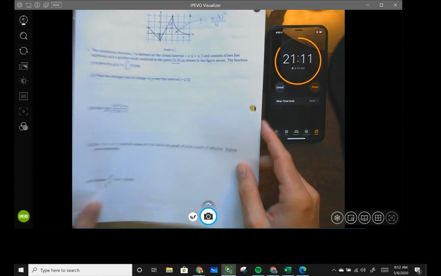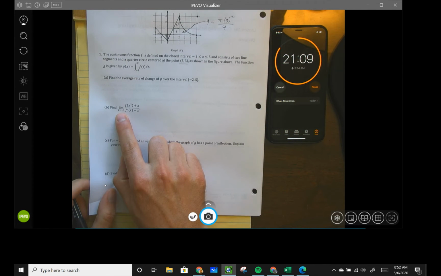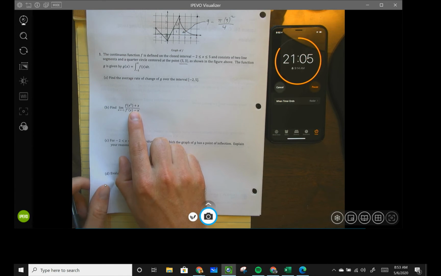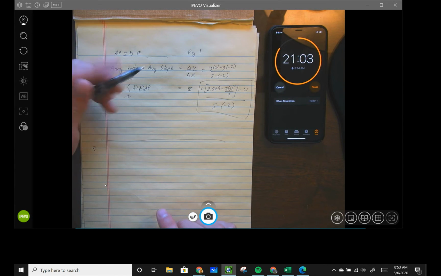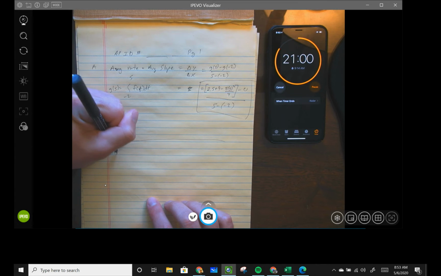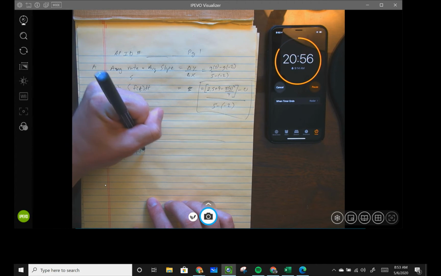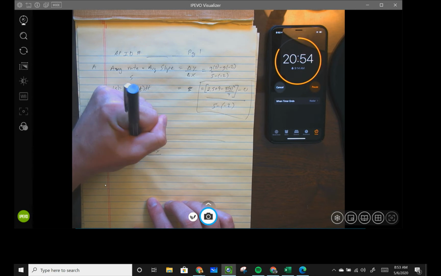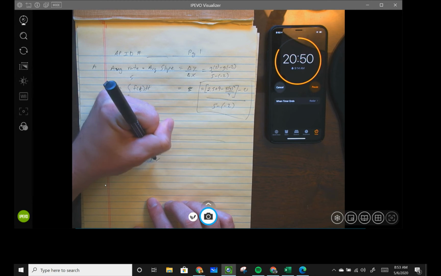Part B. Find the limit as x approaches -1. I'm assuming this is going to be L'Hopital when it gives me that. Let's take a look. So the limit as x approaches -1 of f of x squared minus x over f prime of x minus x.